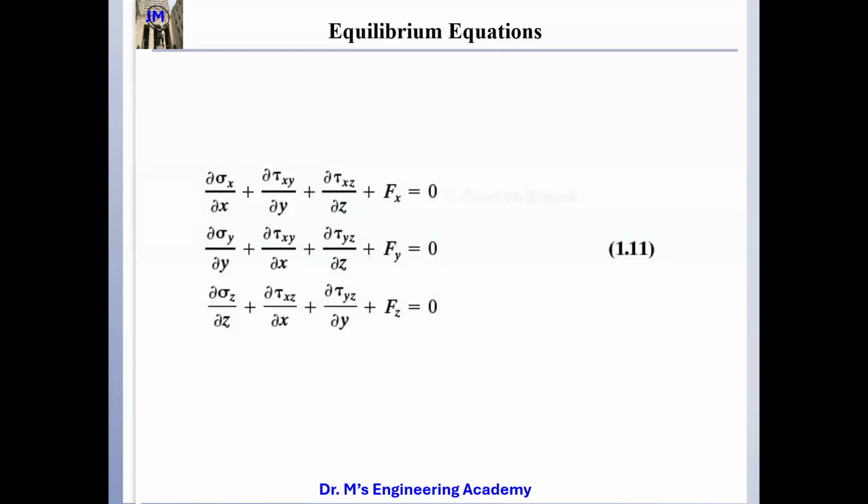We have six independent stress components because of the symmetry of the shear stress: sigma x, sigma y, sigma z, and the shear stresses sigma xy, sigma yz, and sigma xz, which equals tau xz. Sometimes we use sigma, and if the two subscripts are different, that means it is a shear stress.